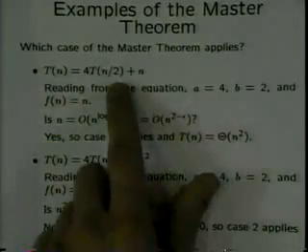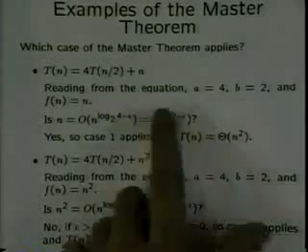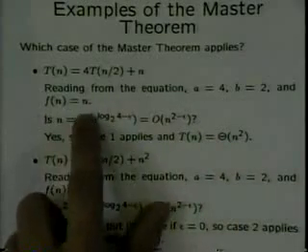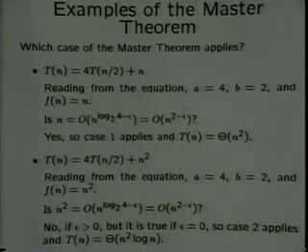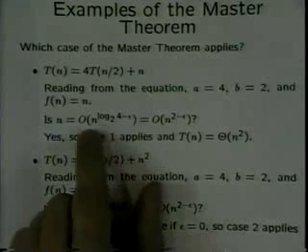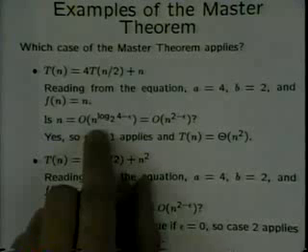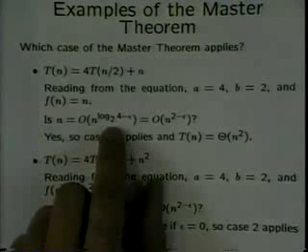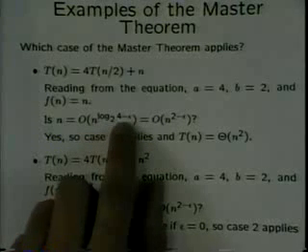A is 4, b is 2, and f sub n is the additive stuff, which happens to be n. We've parsed our recurrence relation into these three parts. The key issue is how does f of n relate to the function n to the log base b of a?